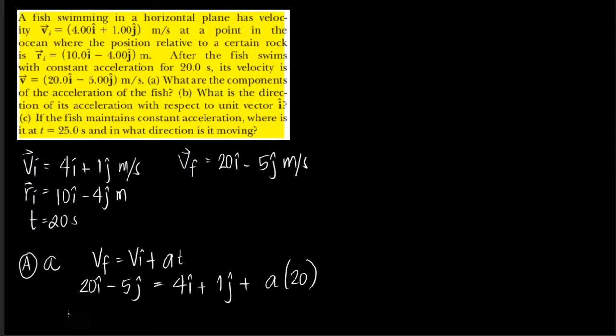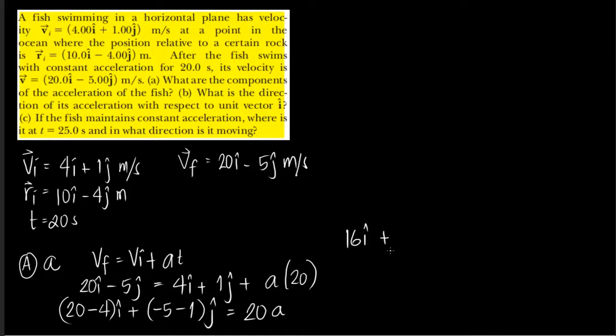What happens here is you have 20 and 4, so this becomes 20 minus 4i, plus negative 5 and 1, so negative 1j, equals 20a. Okay? And simplifying, 20 minus 4 is 16i plus negative 5 and negative 1 is negative 6, so negative 6j equals 20a.